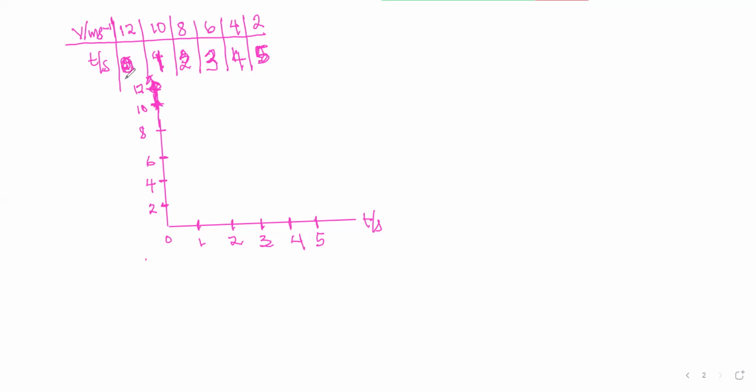Usually this is a body decreasing speed, so its speed cannot be 0 at time t equal to 0. It starts with the maximum speed.